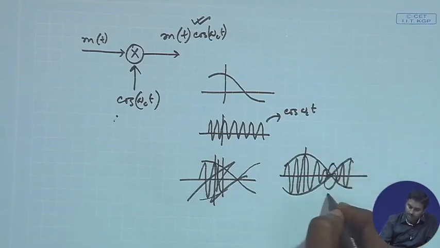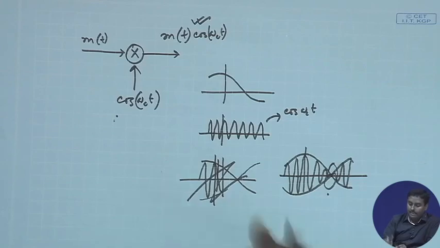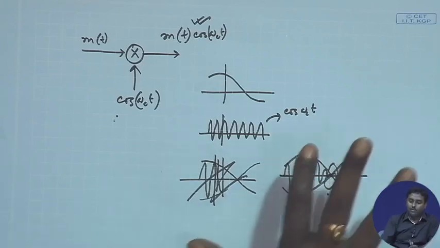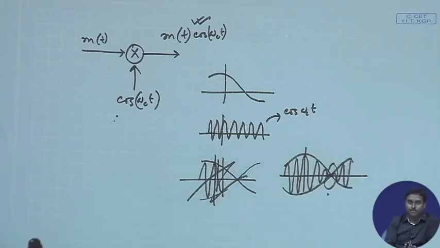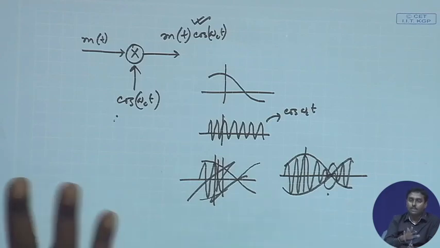There will be something happening over here, which we will discuss in the next class, but this is what will be in the time domain, where the message is carried over in the envelope.